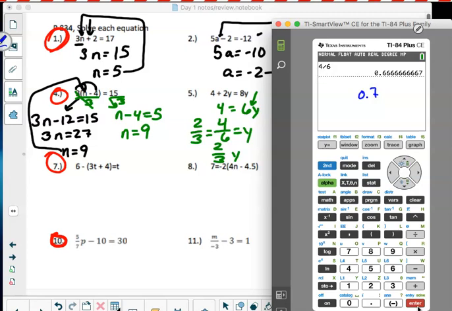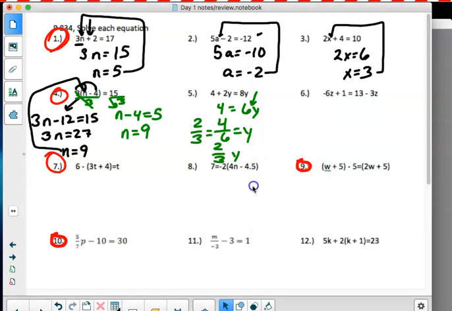But since it's a non-terminating, always repeating decimal, because it's always 0.6 and your calculator rounded up right there, it's more correct to leave it as the fraction 2/3. And we want you to become friendlier with fractions. So I want you to be thinking fractions are friends, not foes. Okay, fractions are friends, not foes.